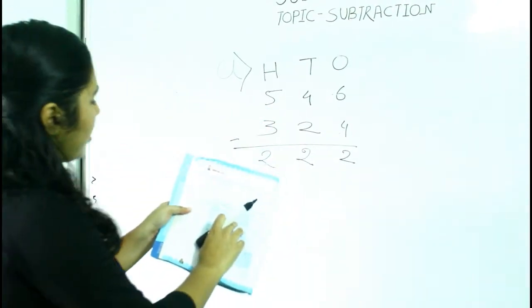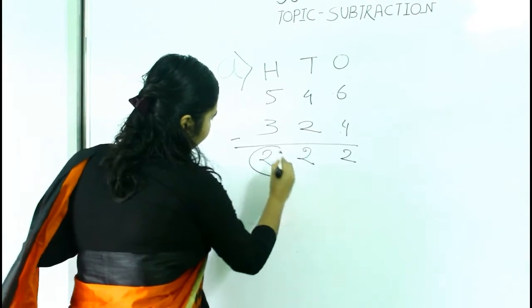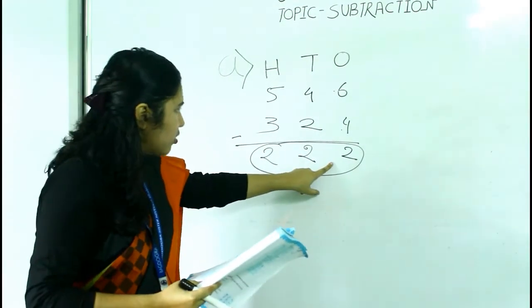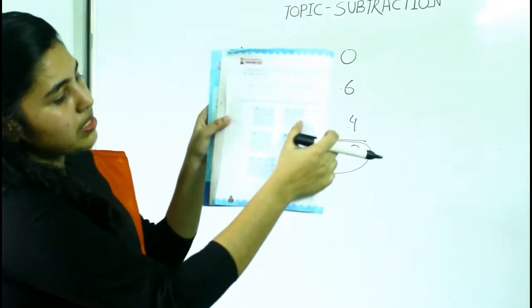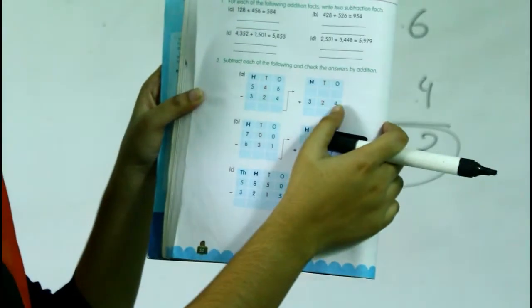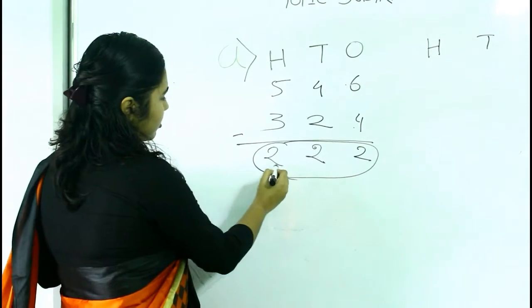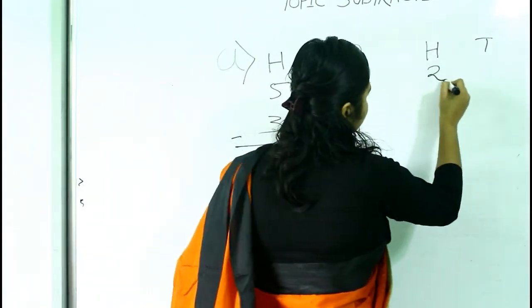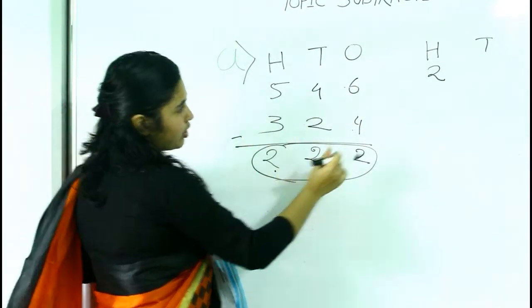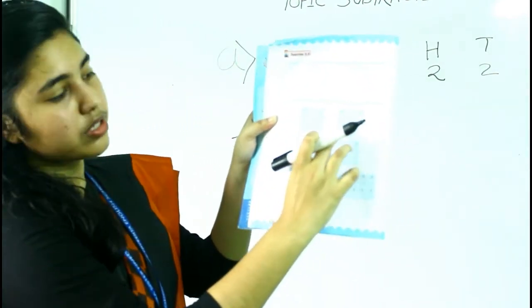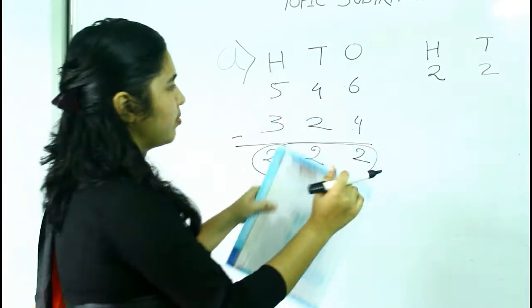Now, add this difference, 222, with this number 324. Again take hundreds place, tens place, ones place. First, take this number 222 and here put this number 324.